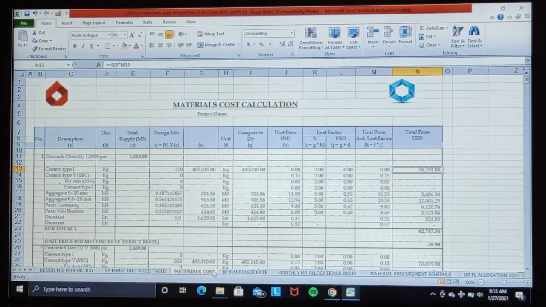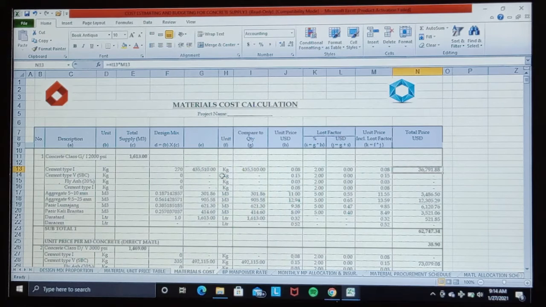The calculation of the total material cost is found by multiplying concrete quantity per class by material required as each concrete mix design. Then we multiply by the applicable unit price of each material. Okay, then we got the total price here.